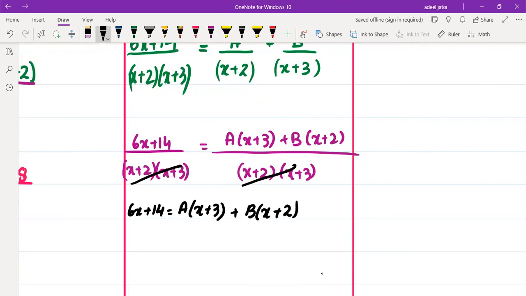When you are doing case 1 with linear roots, you need to understand that your roots will help you find out the values of a and b.